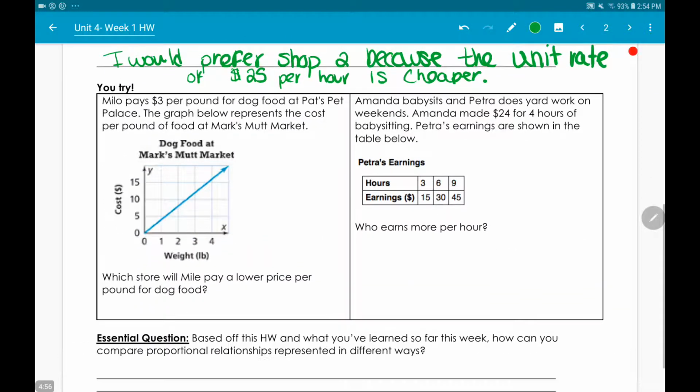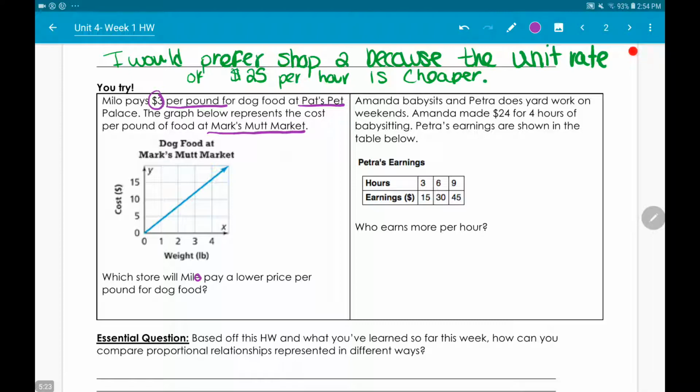All right, so why don't you try the example with Milo? So I'm going to go ahead and annotate. Milo pays $3 per pound for dog food at Pat's Pet Palace. The graph below shows the cost per pound at Mark's Market. Which store will Milo, that's supposed to say Milo, pay a lower price per pound of dog food?